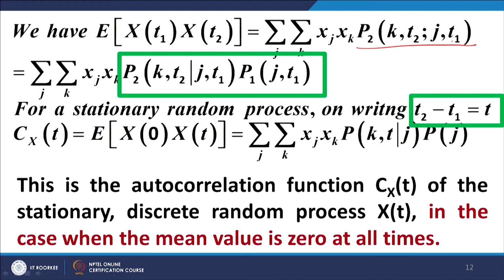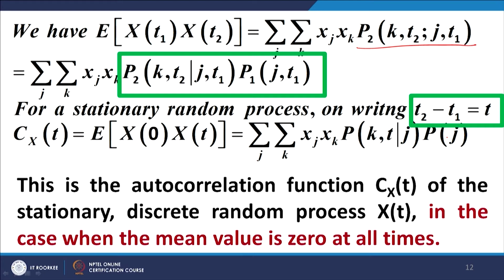Therefore, we can write E of x(t_1) x(t_2) as equal to E of x(0) x(t), and the rest of the properties also get simplified. The conditional probability also gets simplified. And then the 1 time probability also gets simplified.